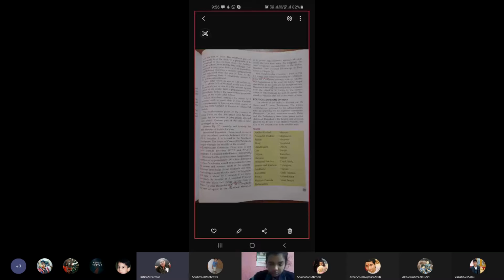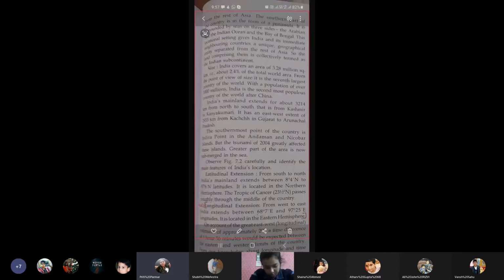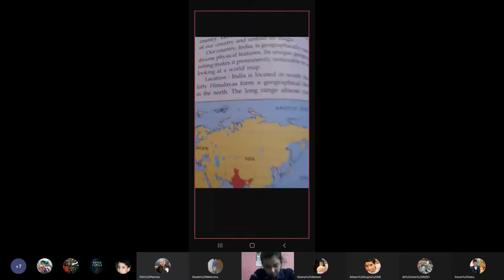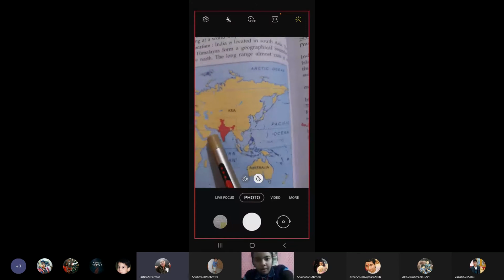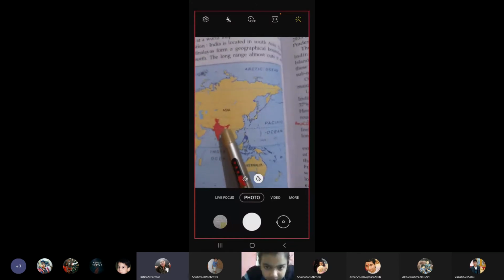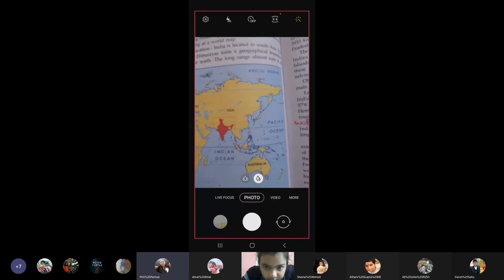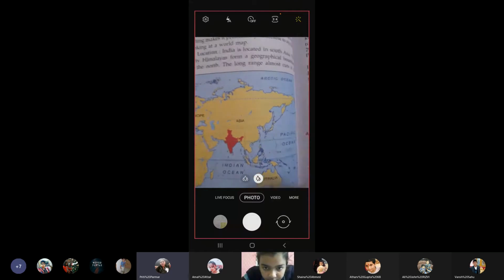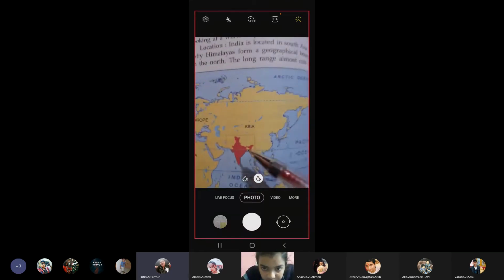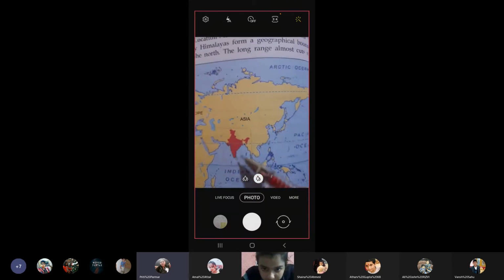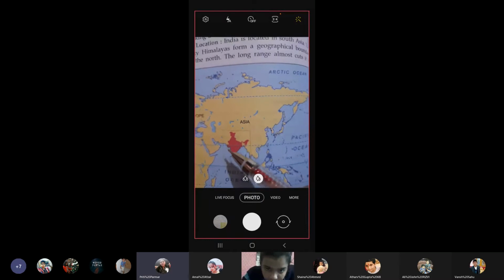A land which has water on three sides. So you can see very clearly that India is surrounded by water on all three sides. If you look over here, this side is water, this side is water, this side is water. So India is a peninsular country, with three sides covered with water.